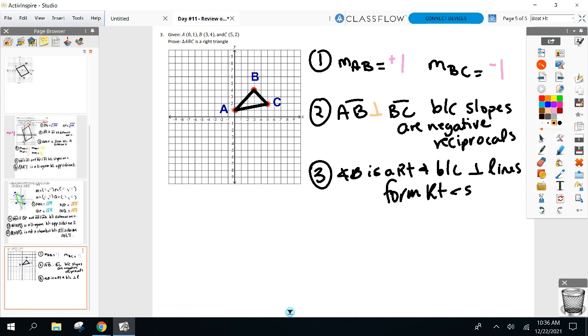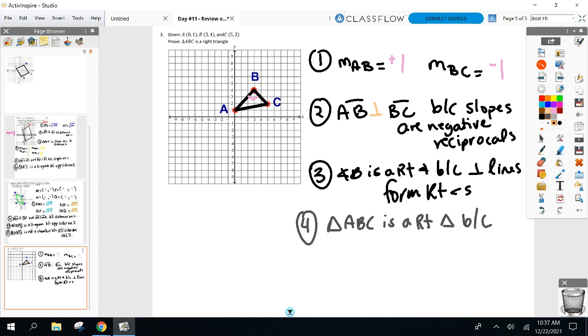All right, great. Is it a right triangle? All right, that's what I needed. So triangle ABC is a right triangle.